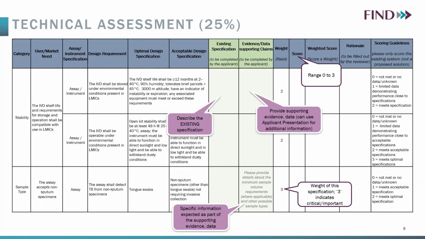Please note that a weight of 3 indicates a critical or important specification. In those columns in green, we've also provided some gray text for certain specifications to highlight specific information that is expected to be included as part of the supporting evidence or data.